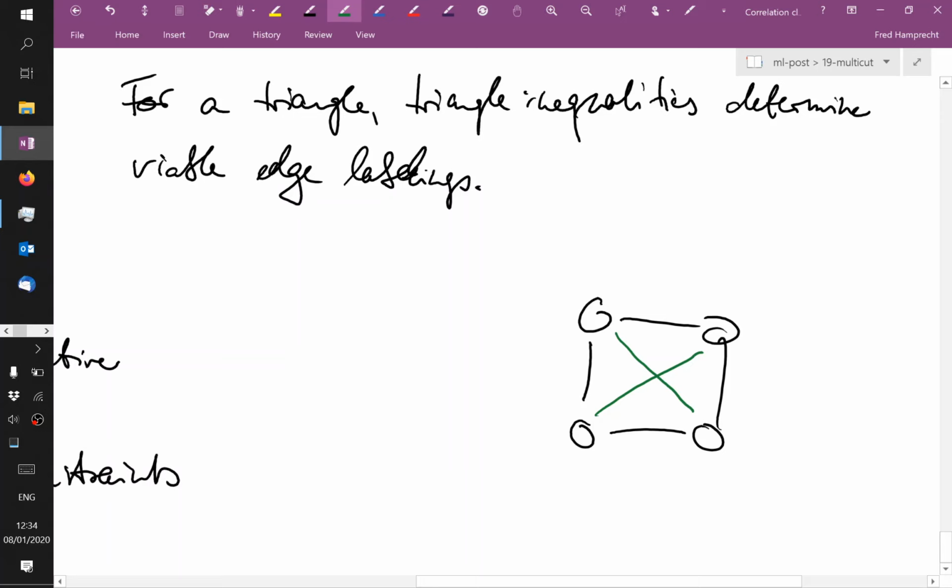And now the question was, when I want to ascertain if a particular edge labeling is viable, for example here, I label this edge 1, I cut it. I label this one here 0, means I don't cut it. The question was whether that is viable.